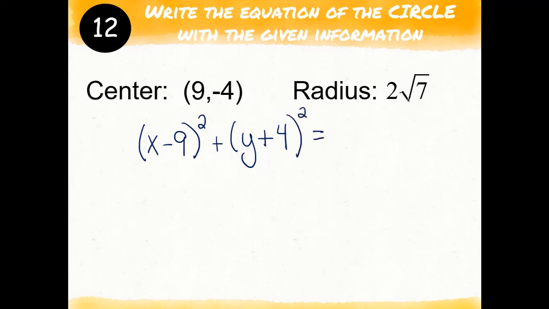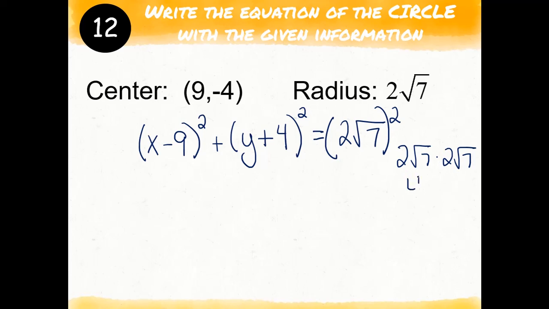Now, we need to talk about this radius. How, pray tell, do we square 2 square roots of 7? Well, ultimately, that just means to write it twice, right? So we're going to do 2 square roots of 7 times 2 square roots of 7. To accomplish that task, we're going to multiply the insides, multiply the outsides. So 2 times 2 gives us 4.